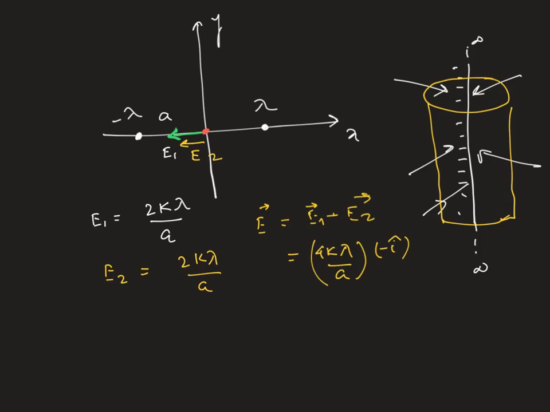Alright, next case scenario, again x-axis and y-axis. These are the two wires, minus lambda and lambda. Where do we have to find the field now? The field which we have to find is here.